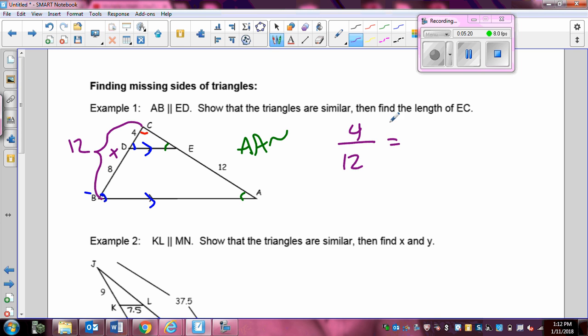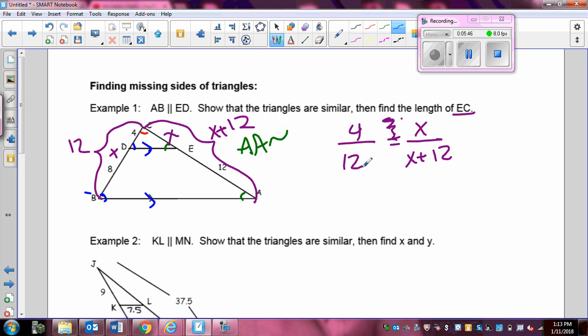And we're going to see, is that equal to, we don't know yet, oh no, we do know that they're similar. So that's equal to small triangle, which C to E is our x, that's what they're asking us for, over the whole big triangle. If this part is 12 and this one is x, the whole thing is x plus 12, or 12 plus x, whatever you want. So this is a really good problem we could give you on the test.